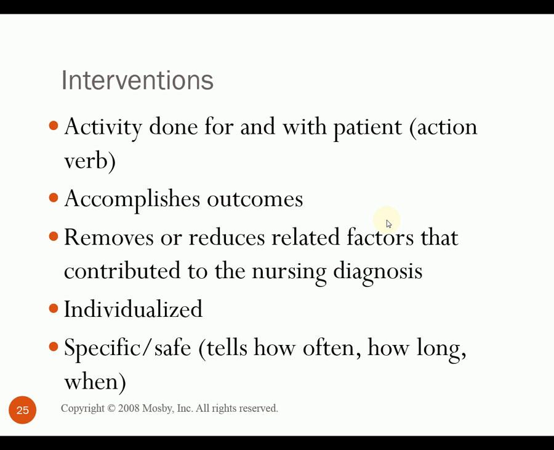Remember, I told you it always has to go back there. And it's always individualized. Can your patient actually do these interventions? Involve that patient in making that decision as to whether or not you feel like they can do that intervention. Be specific and also make sure that the interventions are safe. It tells how long, how often, when you're going to do your intervention.